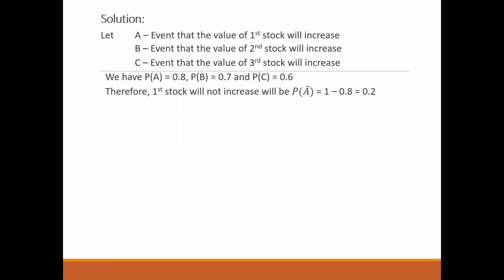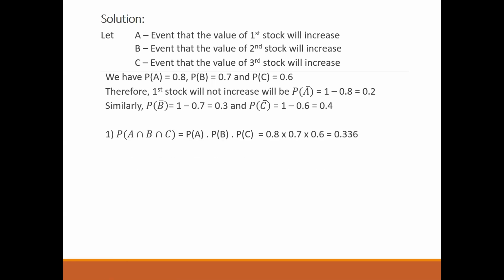The probability is 0.2. Similarly, for the second stock, it is 0.3. And for the third stock, it is 0.4. Now, this is the first answer where we have probability of A and B and C equal to PA multiplied by PB multiplied by PC. That gives you 0.336.